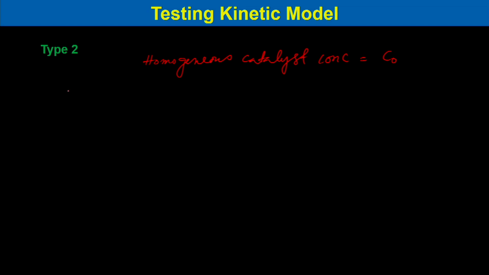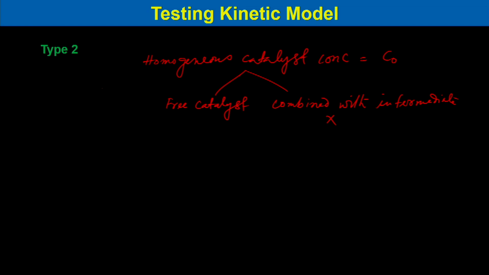It is present in two forms, free catalyst or combined with intermediate X. Now, we can consider the total concentration of catalyst to be equal to the free catalyst concentration plus the concentration of the catalyst with the intermediate.